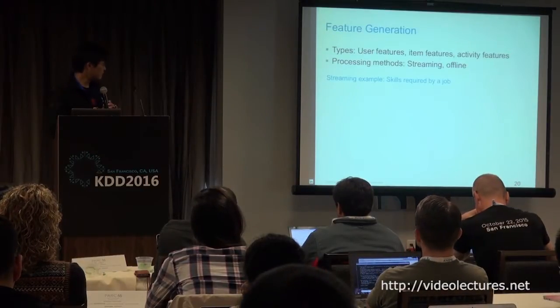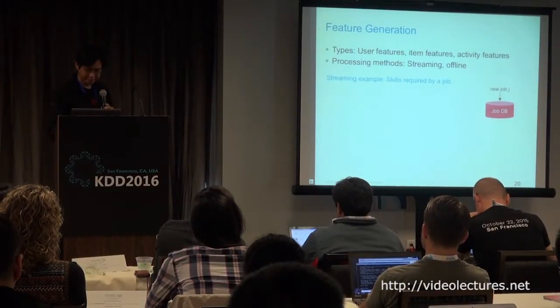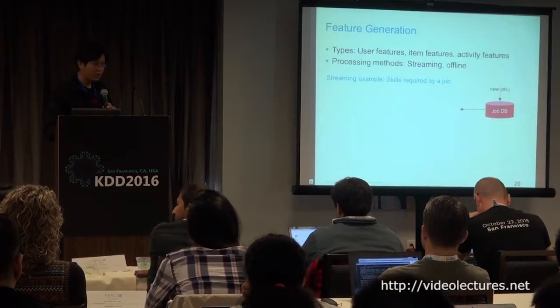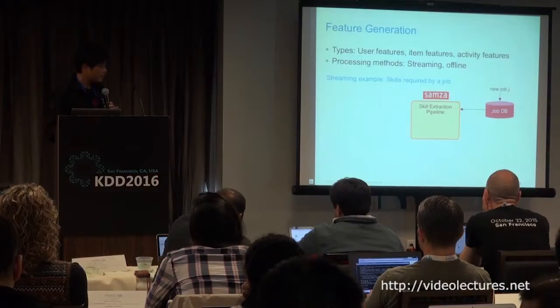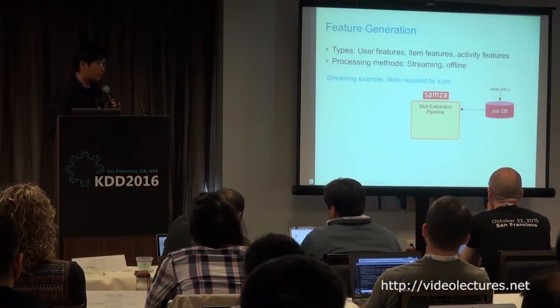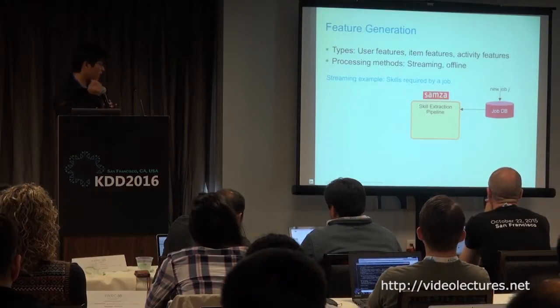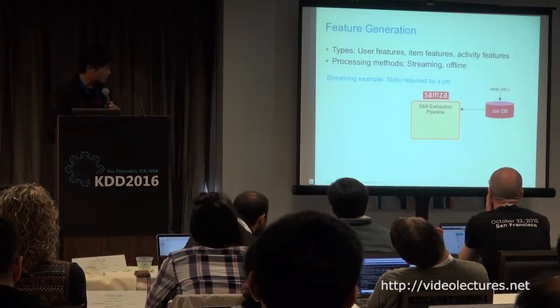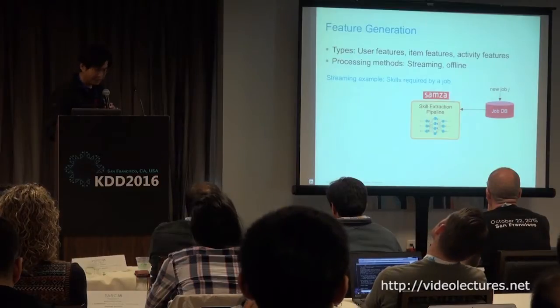Just to give one example, let's say we want to extract skills from a job post. So we monitor whether any new job gets into the job database. And whenever there's any change, that generates a change event. And the Samza streaming processing system will be listening to that change event. And for any record that we observe in that change event, we trigger the following DAG of processing units.